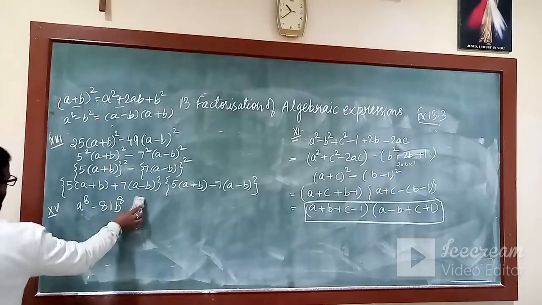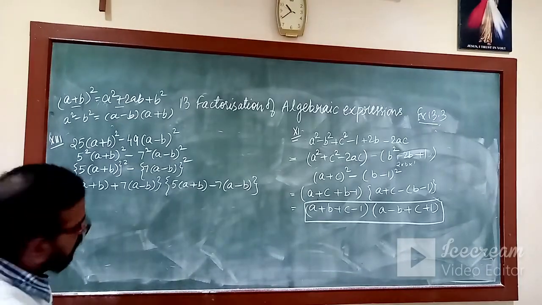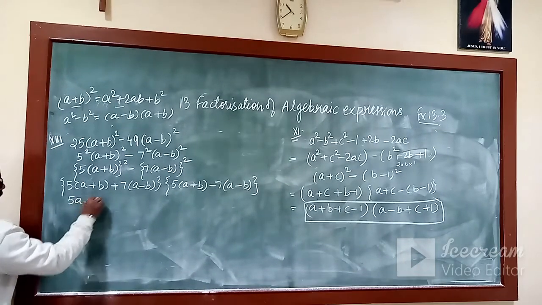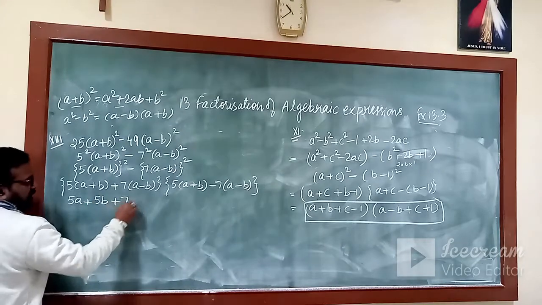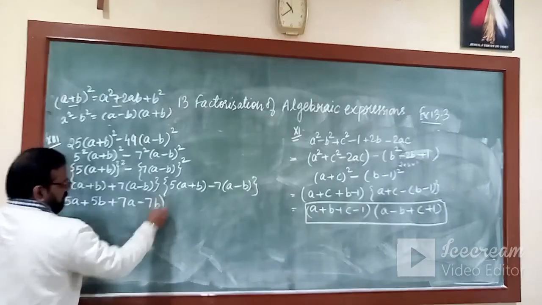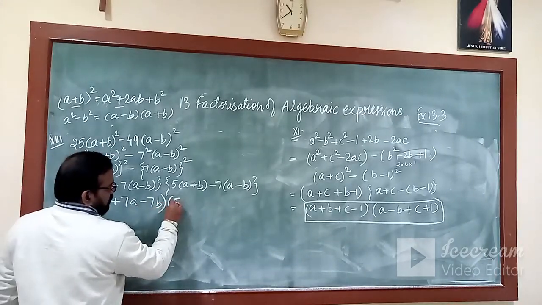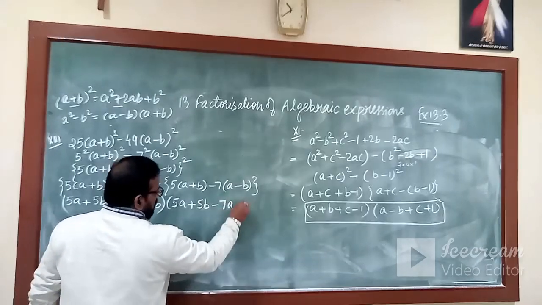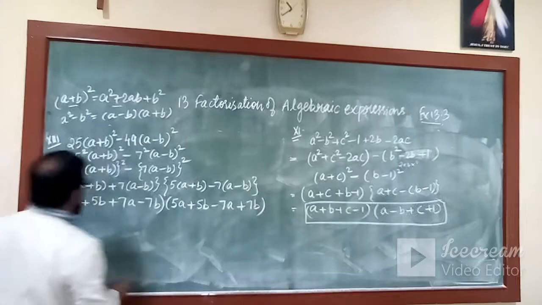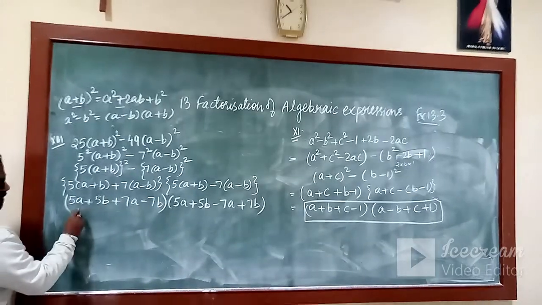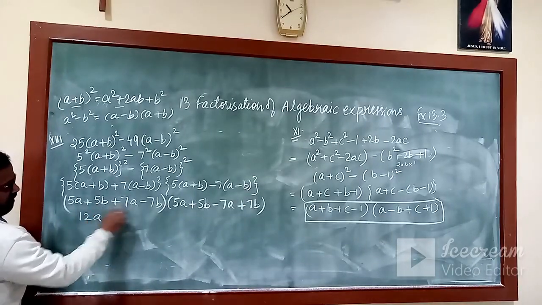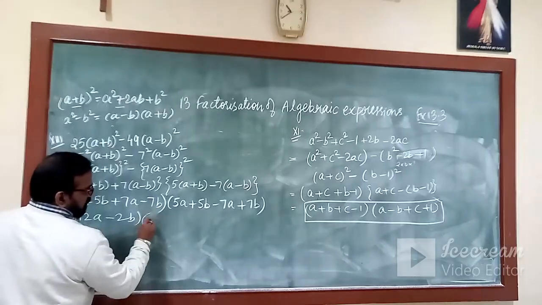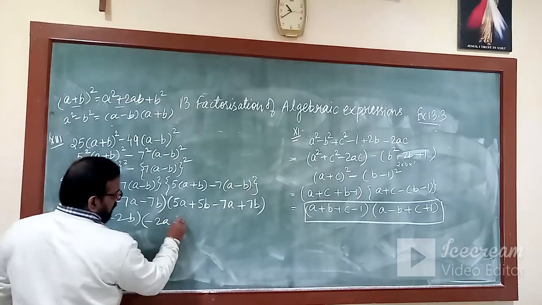Okay, so let's solve it. 5a, 5b, 7a minus 7b; 5a, 5b minus 7a plus 7b. So 5 plus 7 is 12a, 5 minus 7 is minus 2b; then minus 2a, then 12b.